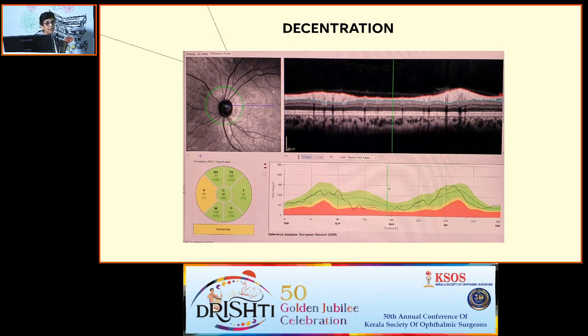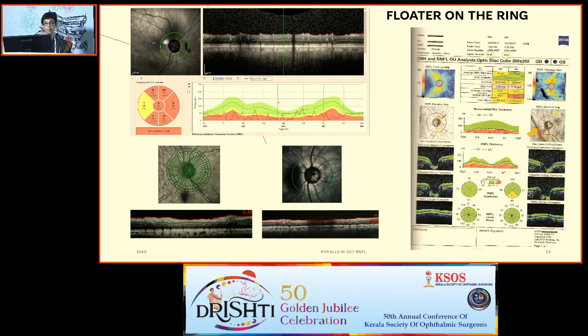So first you look at the signal strength, and second you look at the centration of the ring. Immediately after positioning the ring properly, you look at the structures under the ring. Over here you can see a black area. This black area will prevent the acquisition of the scan in that position.